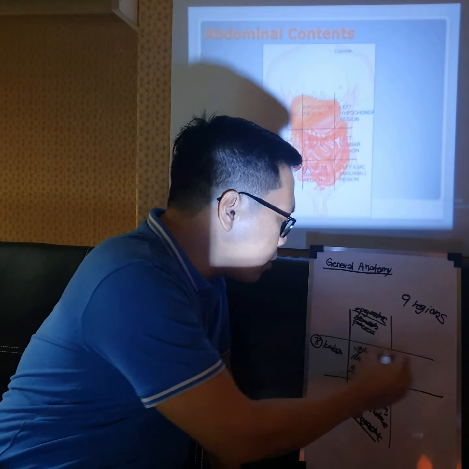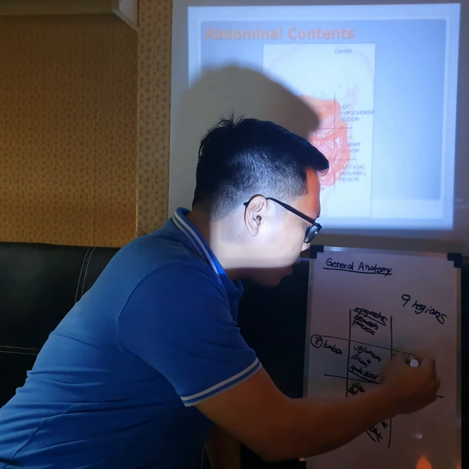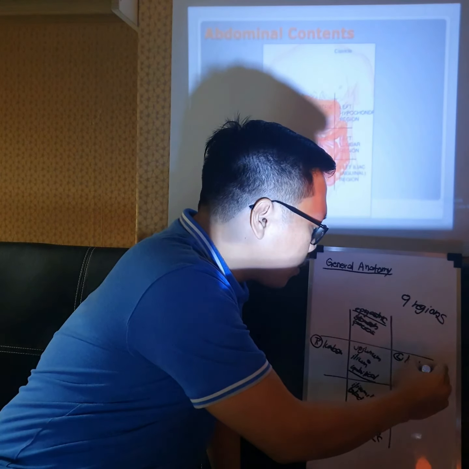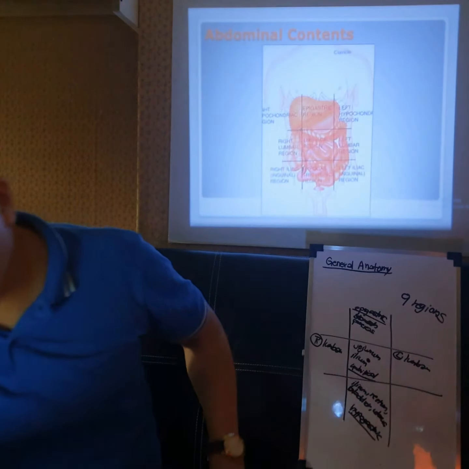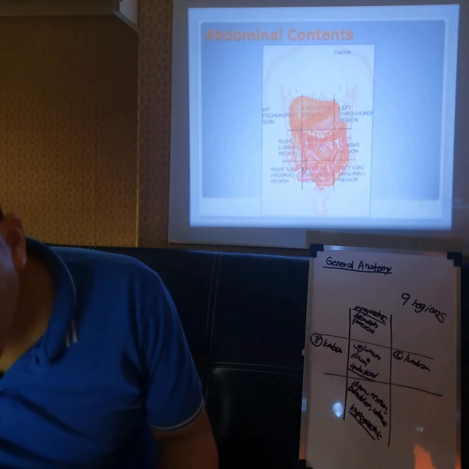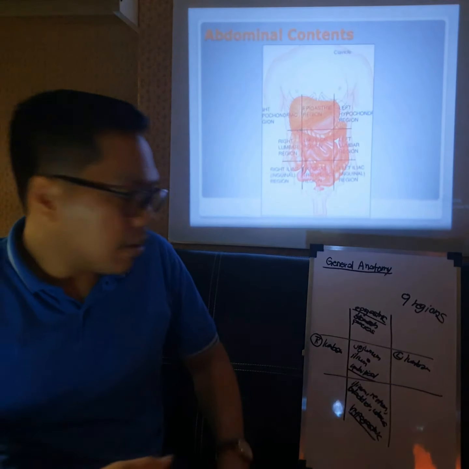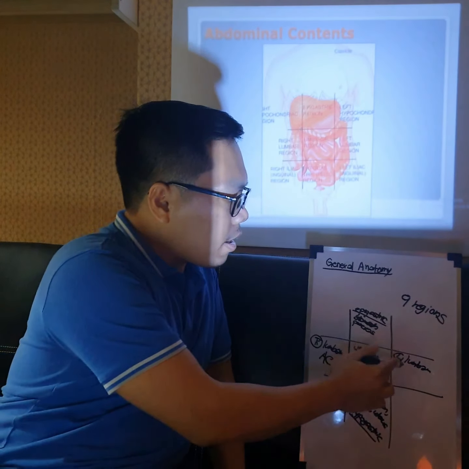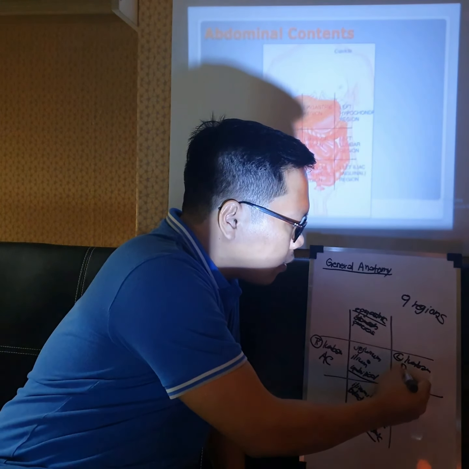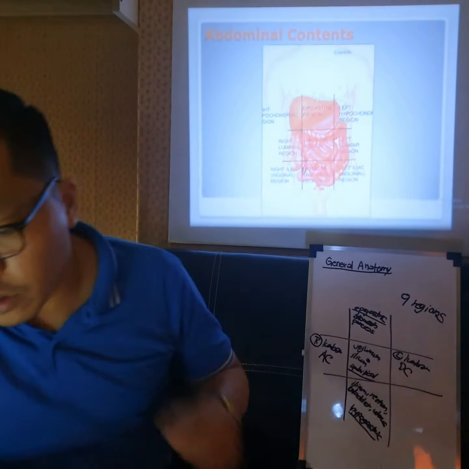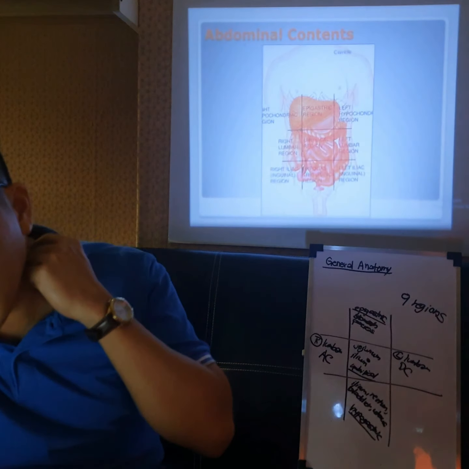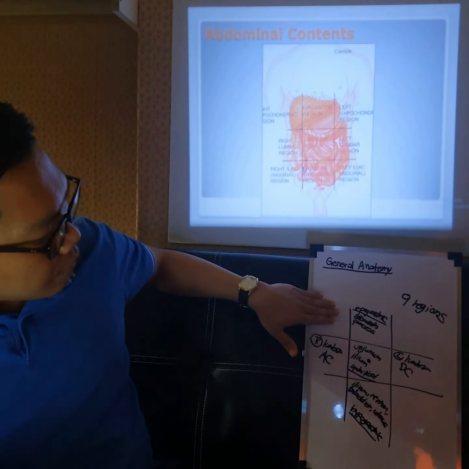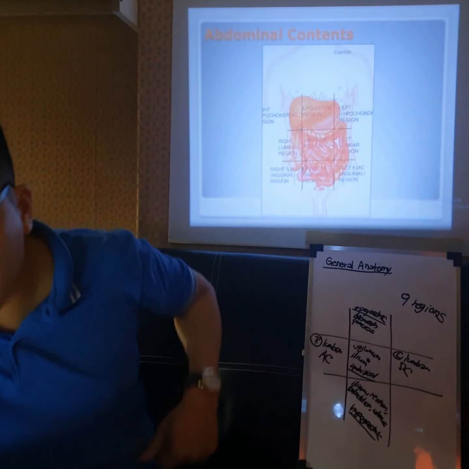The other is called left lumbar region. And what structures do we find dito sa right lumbar region? We will see there the ascending colon. Sa left lumbar naman, the descending colon.